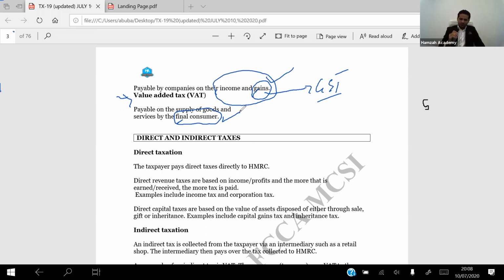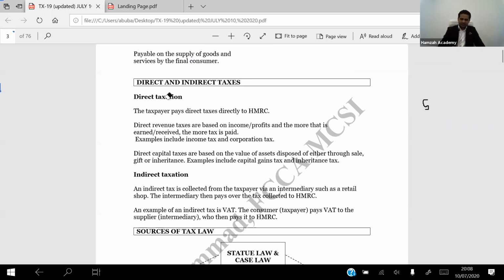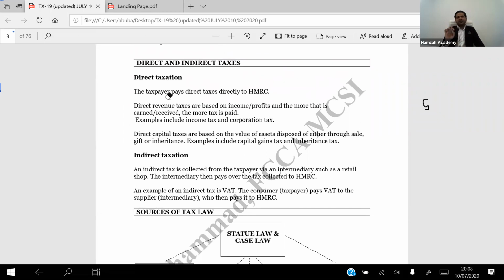So moving forward now, this is the first step you should be learning. What is the difference between direct and indirect taxes? This chapter only comprises of those things which will help you understand for the future.